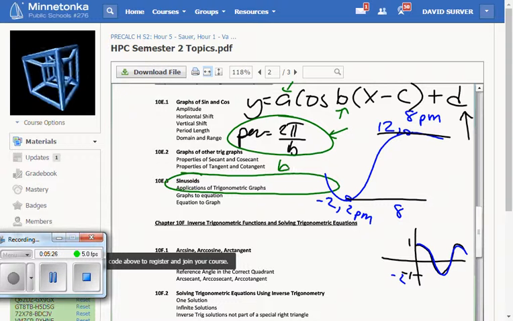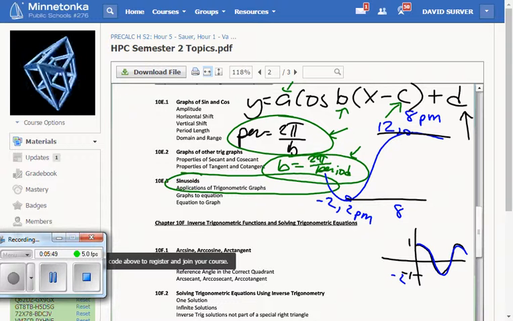So B is equal to, have you got it yet? 2 pi over the period. Okay, so these two equations are just a rearrangement of each other, but sometimes one works a lot easier than the other. All right, this has to do with the shift.